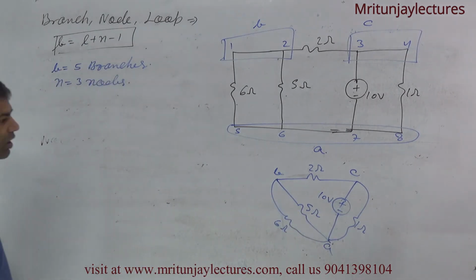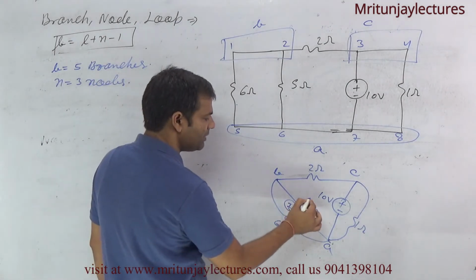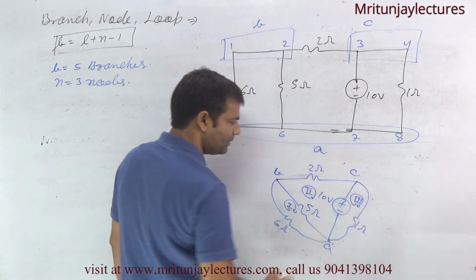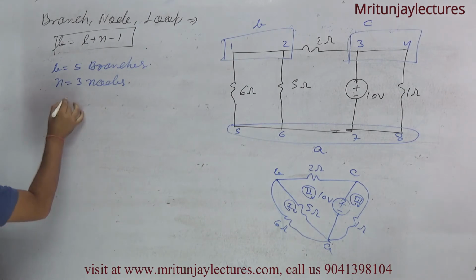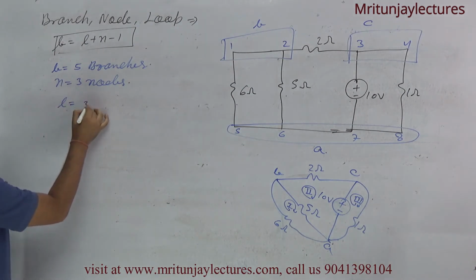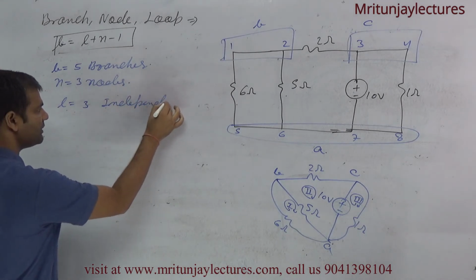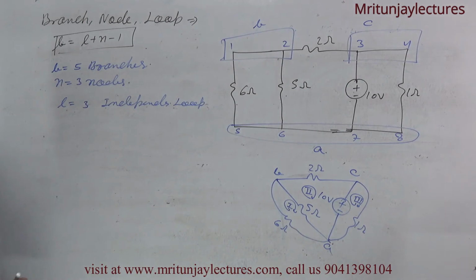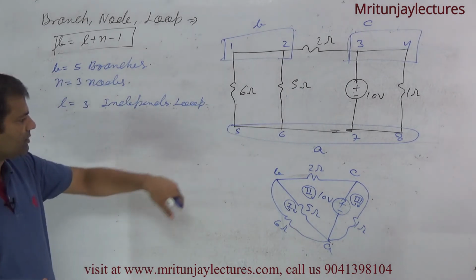It's clear? How many independent loops? This one loop number 1, this one loop number 2, and this one loop number 3. 3 independent loops. Clear? L is 3, that is the independent loops.